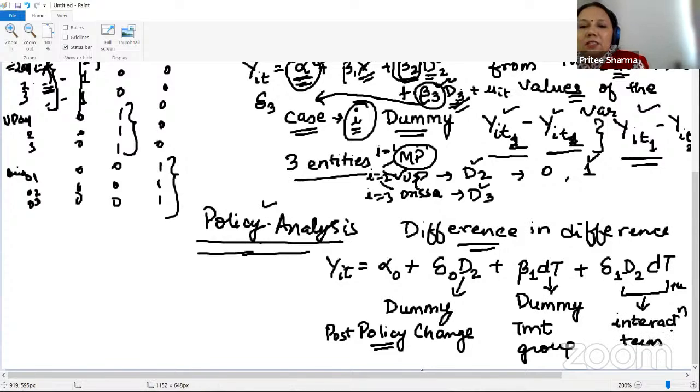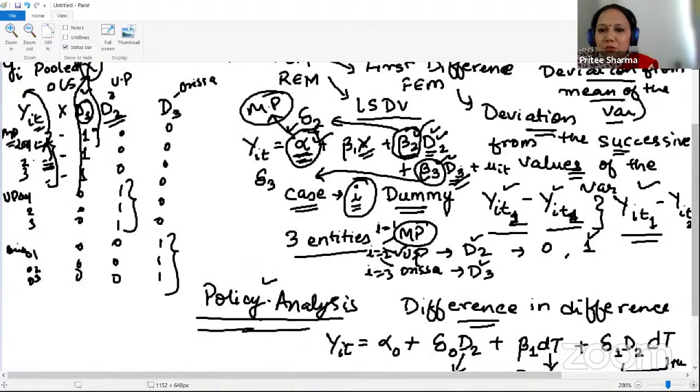All right. Similarly, you know that in this LSDV method also, we can introduce the interaction terms, which is like D2x. So there will be beta 1, 2, 3, 4.